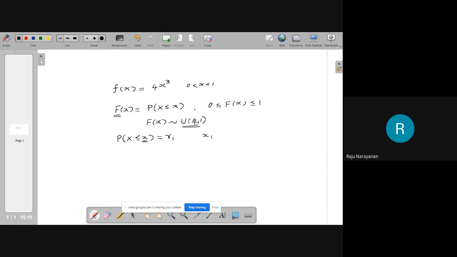Then again, you generate a random number between 0 and 1. Let it be R2. R1, R2, etc. are random numbers. Therefore, x1, x2, etc. are random numbers. This is a simple technique. There are so many techniques available, but we will discuss only the simple techniques.